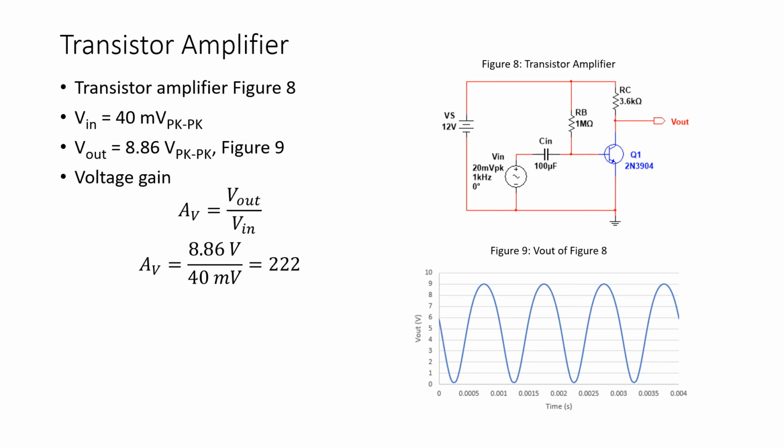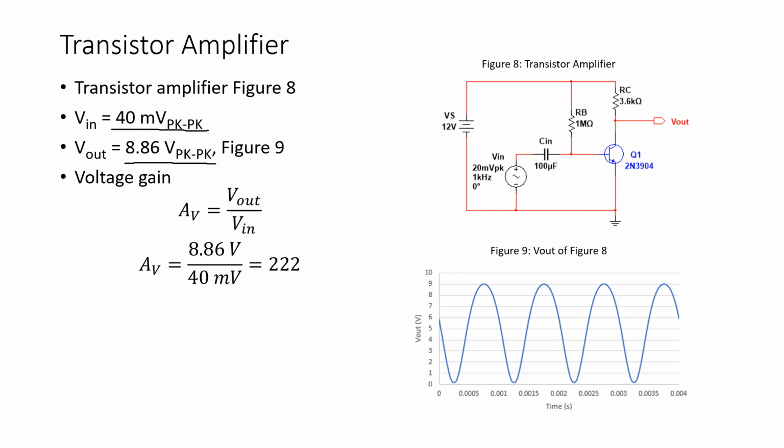And note, looking at figure 9, that our output voltage is 8.86 volts peak to peak. So my input voltage only has a 40 millivolt peak to peak swing, and the output voltage has an 8.86 volt peak to peak swing.